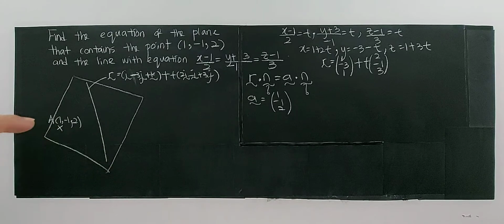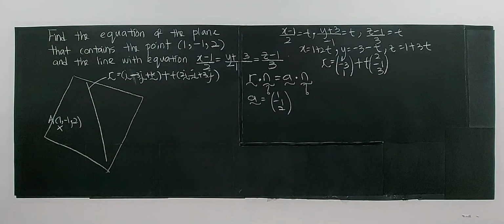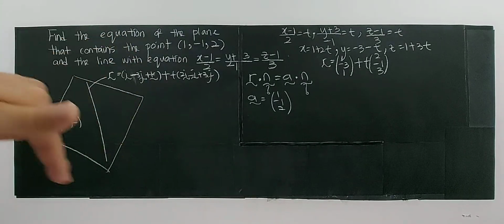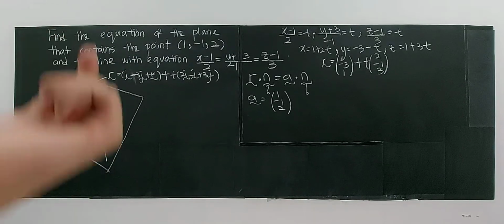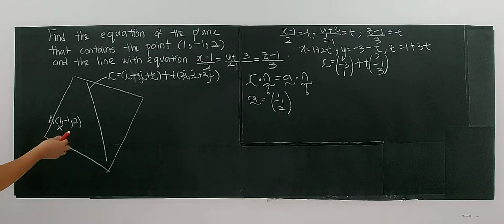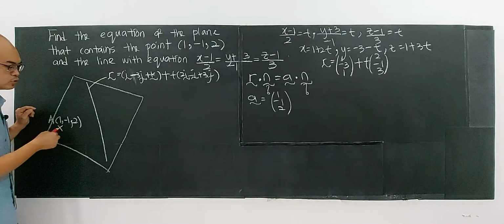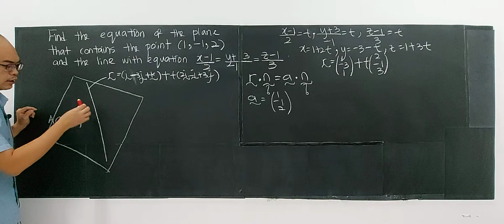Now it's a line and a point. As long as you have two direction vectors on the plane, you cross the direction vectors and you get the normal of the plane. For this case, there is no direction here; this is just a point, just a position vector. So how do we get a normal of the plane?